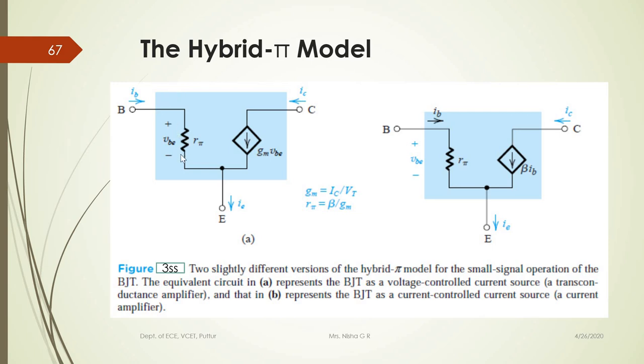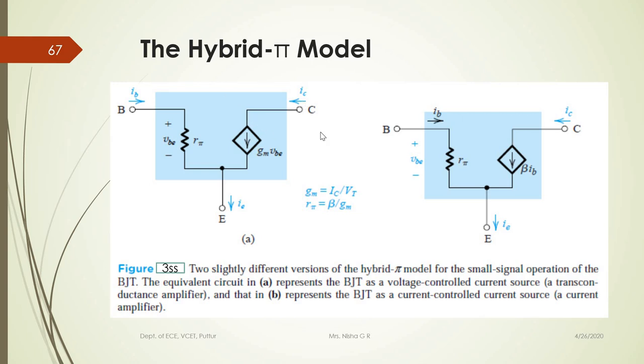The input we are providing is the base emitter voltage VBE, plus minus, and the collector emitter voltage VCE, as independent sources. So VBE and VCE are independent sources, whereas the base current and the collector current, IB and IC, are considered dependent variables.